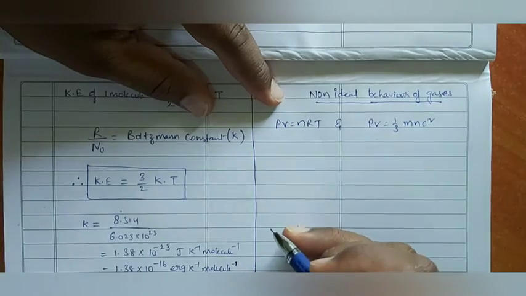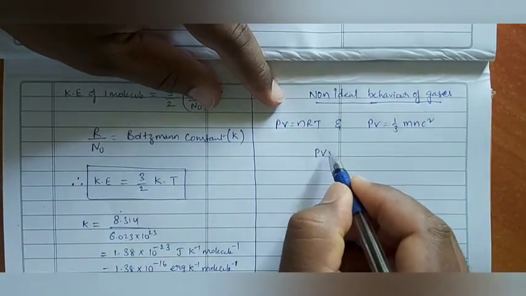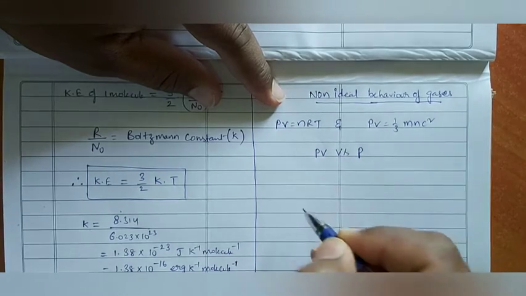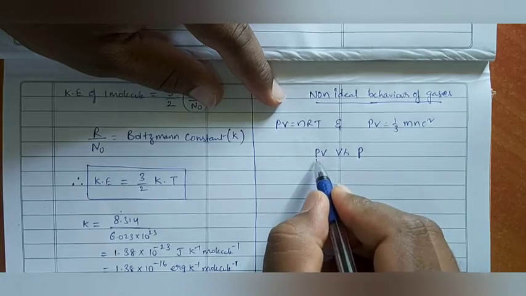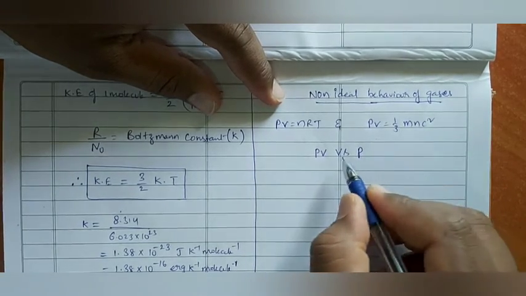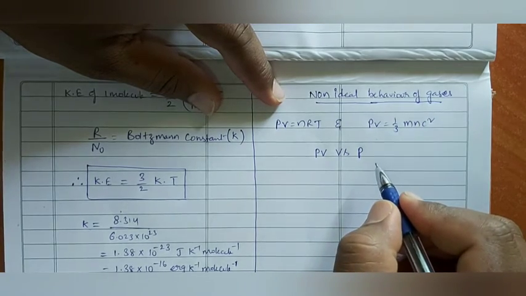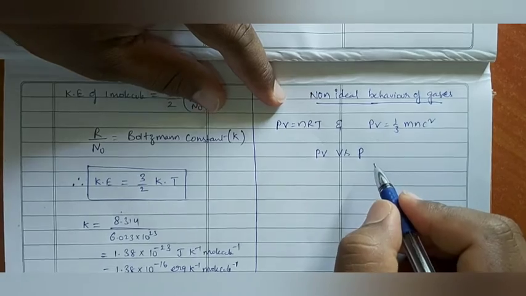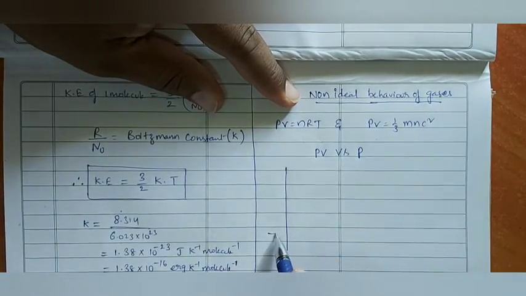Those deviations we are going to study now by considering the graph between PV versus P. We are going to draw the graph between PV versus P at constant temperature, these are called isotherms. In Boyle's law also we have seen. Is it okay?